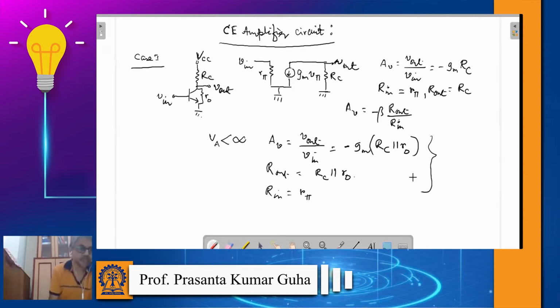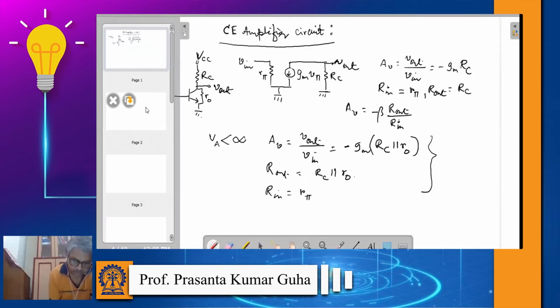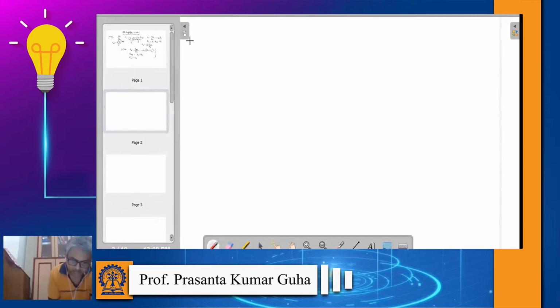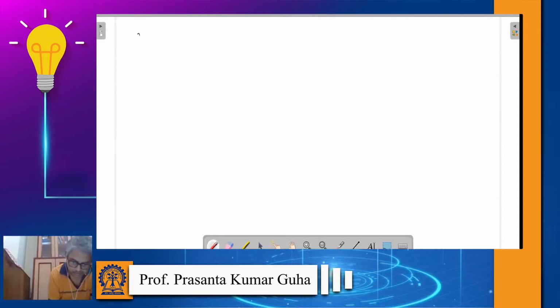Now I think we have also discussed the second case, say case 2, where we have assumed that the emitter is degenerate, okay.